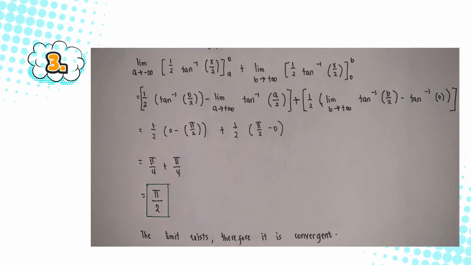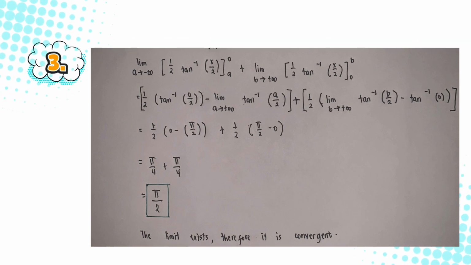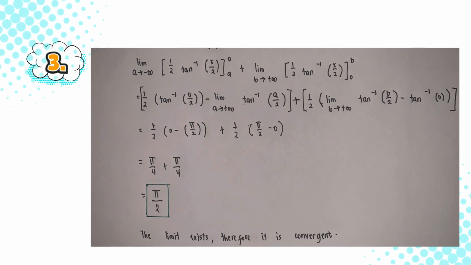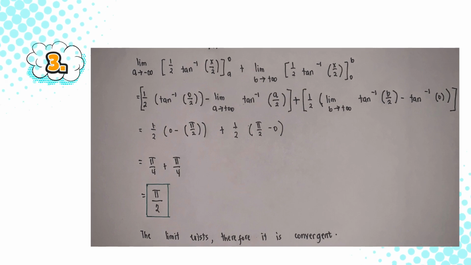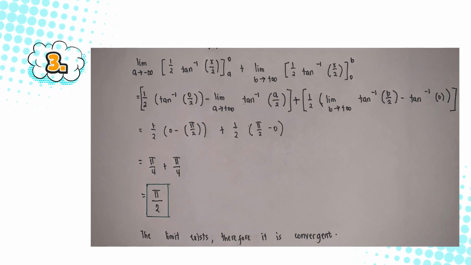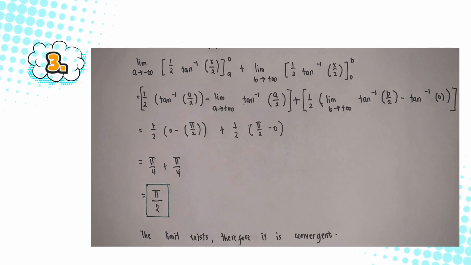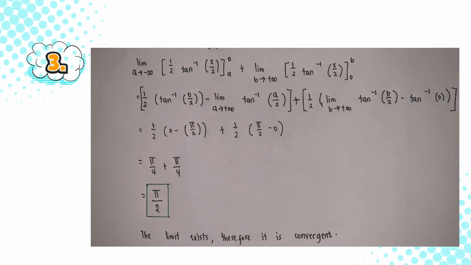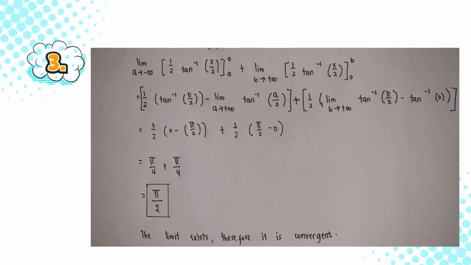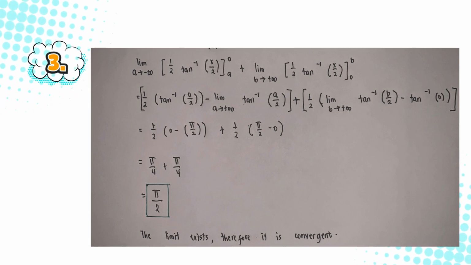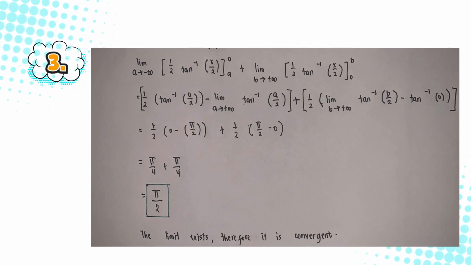And that is equal to 1/2 times the inverse tangent of 0 over 2 minus the limit of the inverse tangent of a over 2 as a approaches negative infinity, plus 1/2 times the limit of the inverse tangent of b over 2 minus the inverse tangent of 0 as b approaches positive infinity.